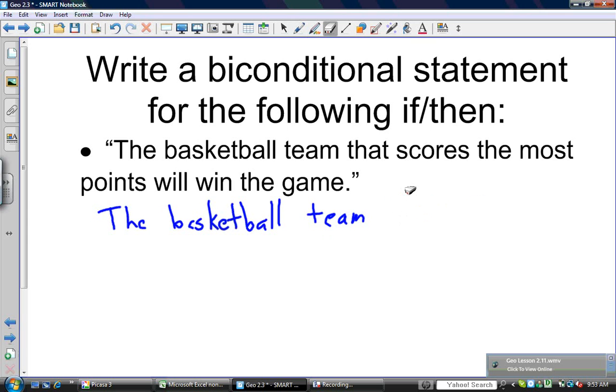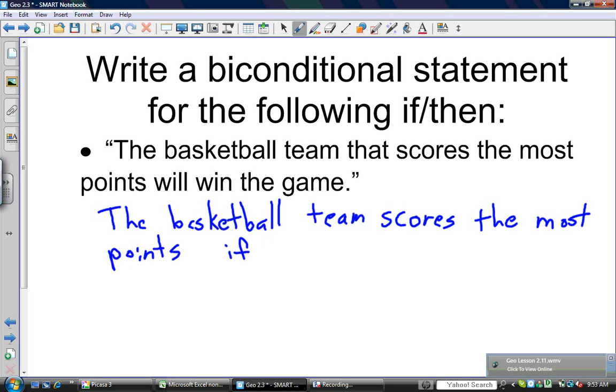So to make that into a biconditional statement, we'll say the basketball team scores the most points if and only if they win the game.